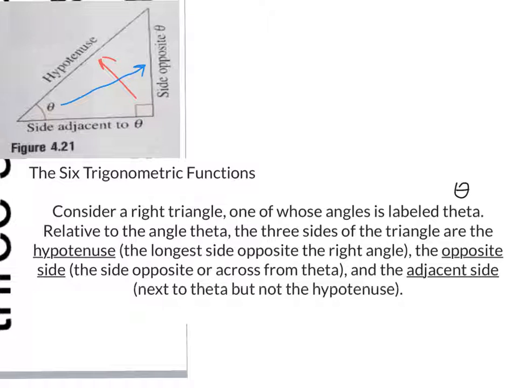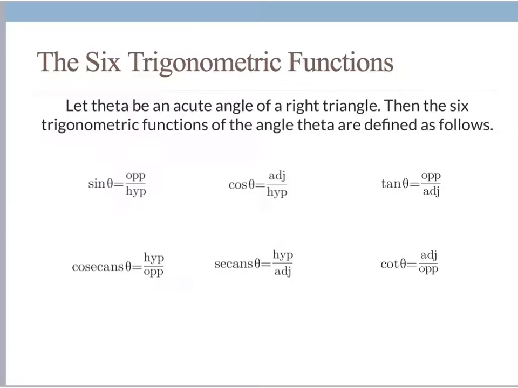Okay, and then finally, we also have the adjacent side, and the adjacent side is next to theta, but it's the one that's obviously not the hypotenuse. So the adjacent side would be this side here. Okay. So those are the three sides of a right triangle based on whatever is determined as the angle theta given to you for your problem. These are just some bits of information that you need to know.